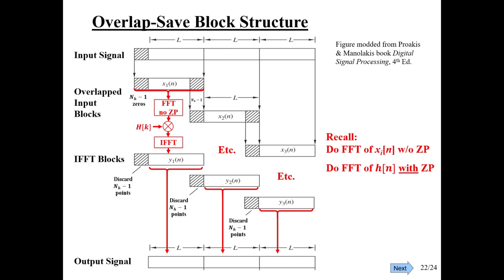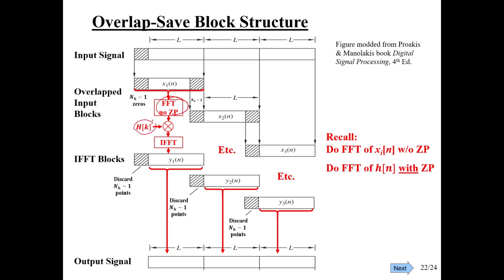So here's our structure. I took this figure from Proakis and Manolakis, but I added the stuff in red to make it a little clearer. We pre-append NH minus 1 zeros. We take a block that's L plus NH minus 1 long, and we compute the FFT of that with no zero padding.